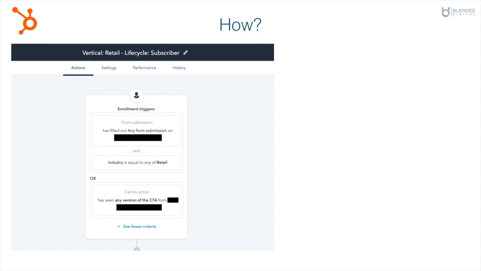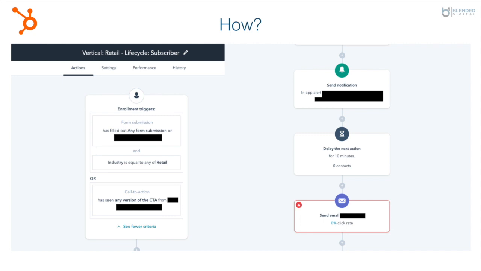If we look at the enrollment triggers below, you can see the start of the workflow is that if anyone has filled out a particular form on a particular page and their industry is equal to retail, or has clicked the call to action that triggers a form where they have to put in their email, first name and last name, for example. When that happens, the enrollment trigger goes off, and what gets sent next is a notification, which is an in-app alert to the team responsible for that particular customer.